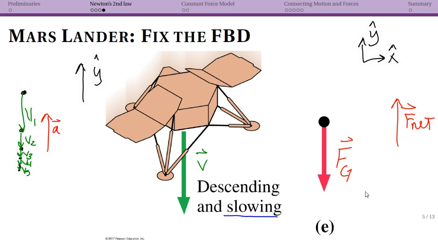So is it possibly true that we have a gravitational force down and a net force up? No, there's no way that this is possible. So there must be another force present. Now maybe it's more than one force. Maybe there's a thrust and there's air resistance. We don't know.